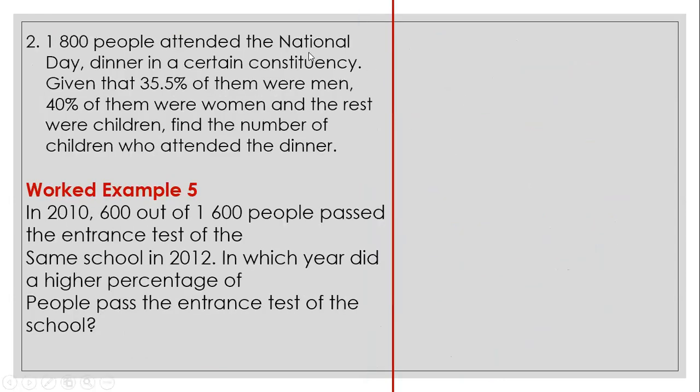1,800 people attended the national dinner. 35.5% were men, 40% were women, and the rest were children. The question is asking for the number of children, so you have to find the percent of children first. So 100 minus 35.5 for grown-up men, subtract again 40 for grown-up women. So 100 minus 35.5 minus 40 will be 24.5% children.